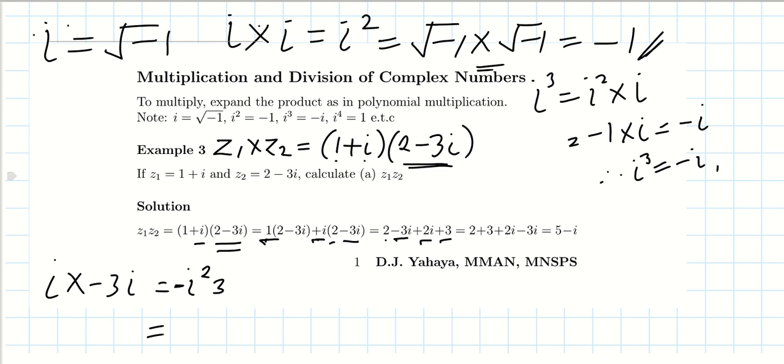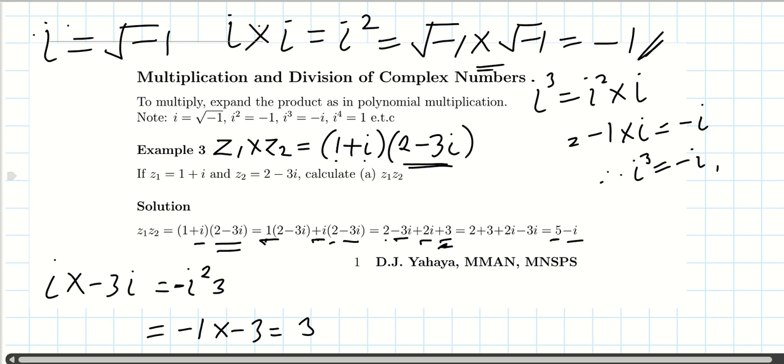So this is the same thing as minus 1 times minus 3, which is equal to 3. So that is plus 3. Then when we collect like terms, 2 plus 3 is 5. Then 2i minus 3i is what? Minus i. That is for the multiplication of the complex numbers.